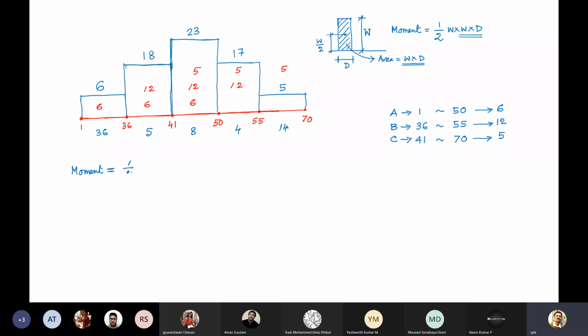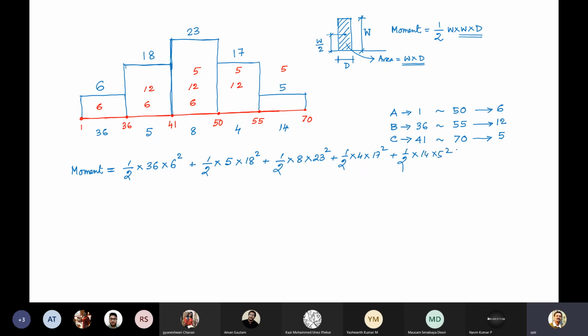Moment is half into 36 into 6 square, plus half into 5 into 18 square, plus half into 8 into 23 square, plus half into 4 into 17 square, plus half into 14 into 5 square.